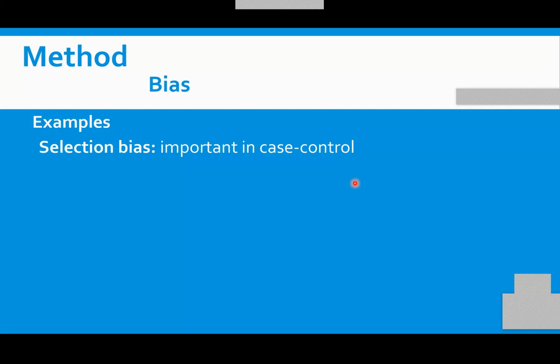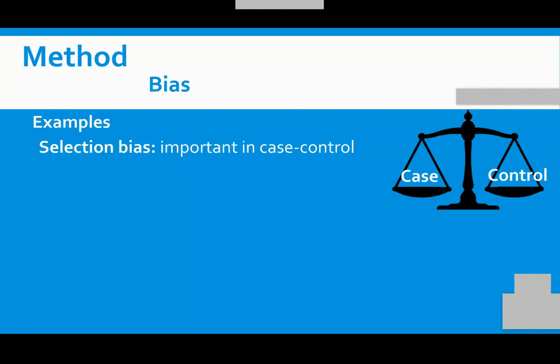If I select them wrongly because of study design, then I get selection bias. Another example: you have case, you have control, and you select both, so it all depends on you. If you put a design with improper selection, you get a selection bias.